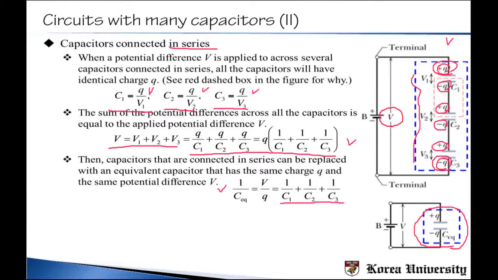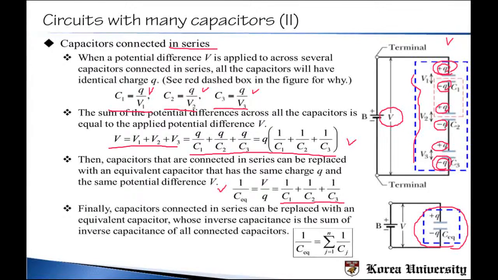Now it looks interesting, right? If you have many of them, instead of directly adding the capacitances, you have to add their inverses, and what you get will be the inverse capacitance. This is how you combine different capacitances when these capacitors are connected in series.